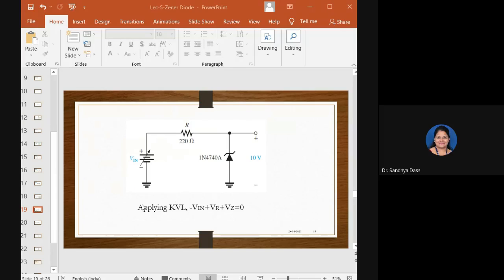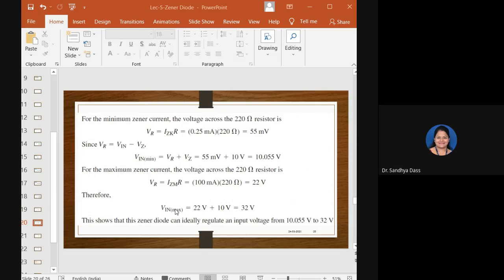So now from this KVL, okay, for minimum Zener current, calculate the voltage across the resistor, call it as VR for minimum Zener current. Minimum Zener current is already given as 0.25 milliamps, all right, into the resistance value 220 ohms.